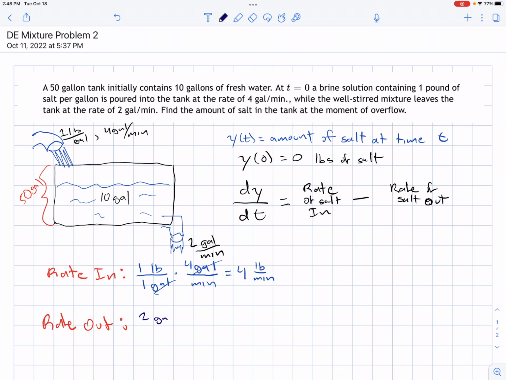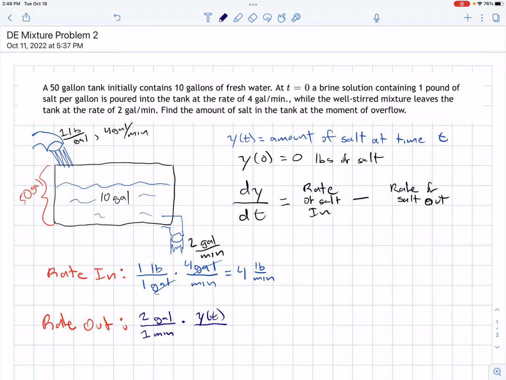Again, we want our differential equation in terms of pounds per time. To convert that, we need the amount of salt going out, which is in the form of y of t, the amount of salt at time t, over the volume that's in the tank.